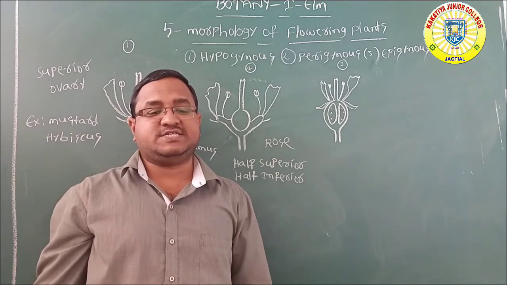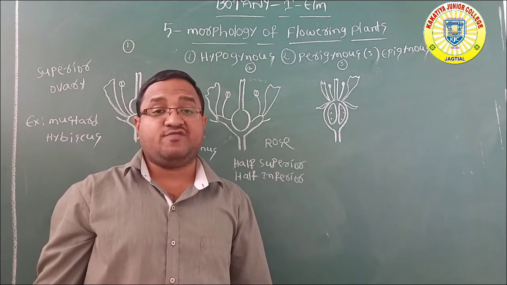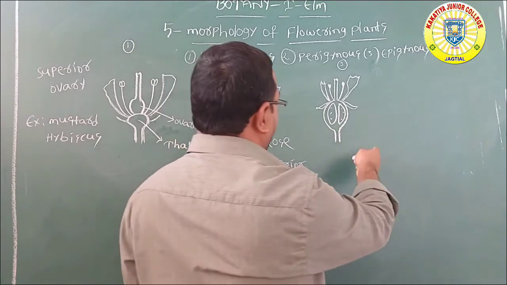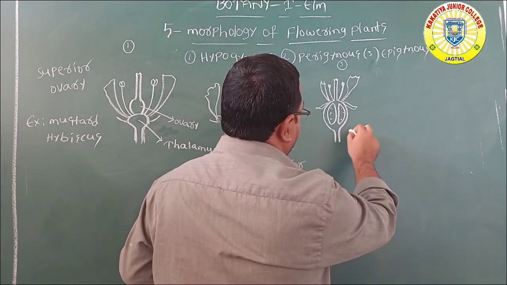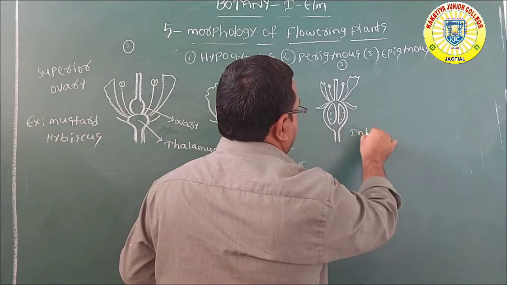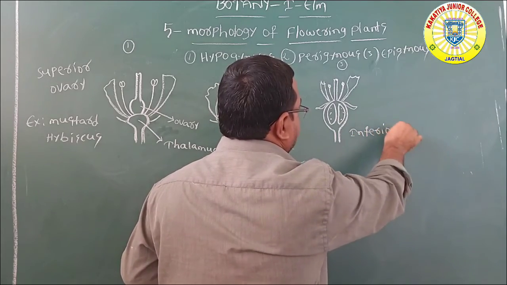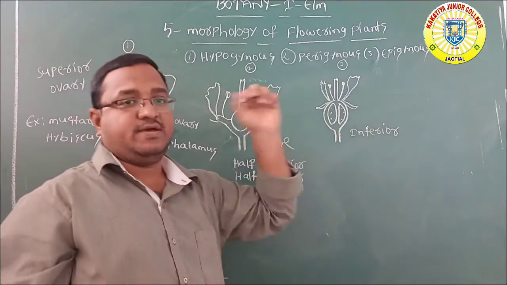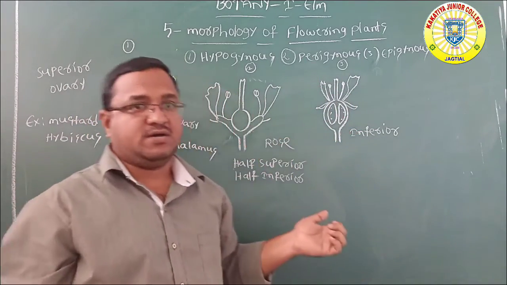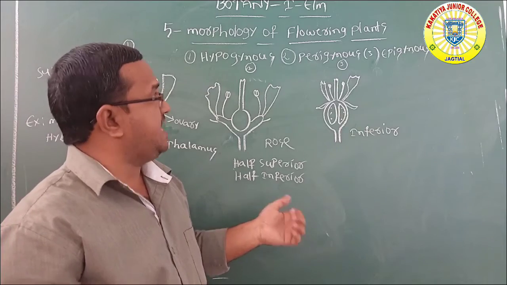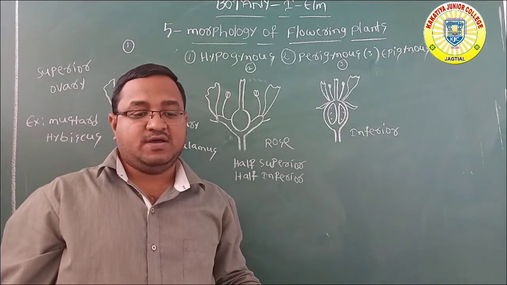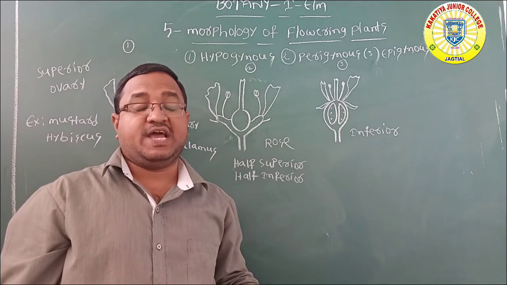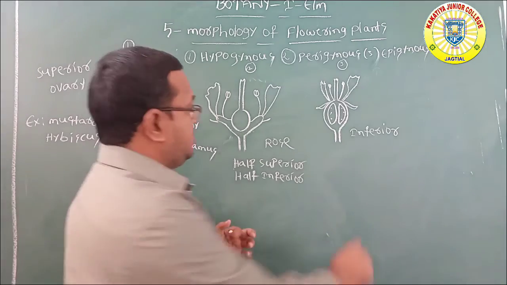So in these plants, this type of ovary is called inferior ovary, means below. In this type of flower, the position of the ovary is inferior. Remaining all parts are present above the ovary. So this type of flower is called epigynous flower.